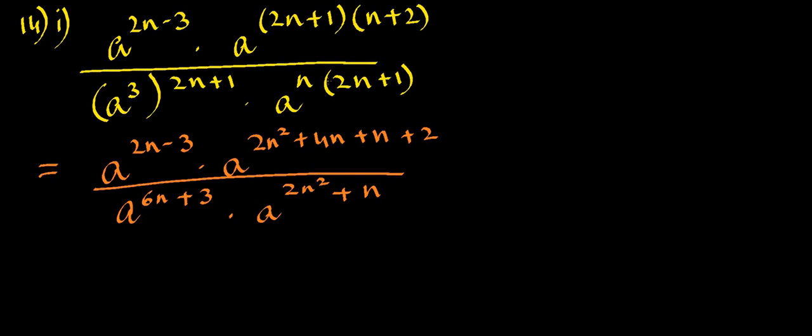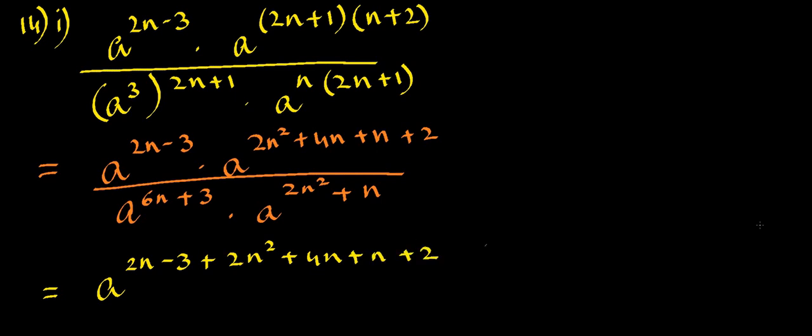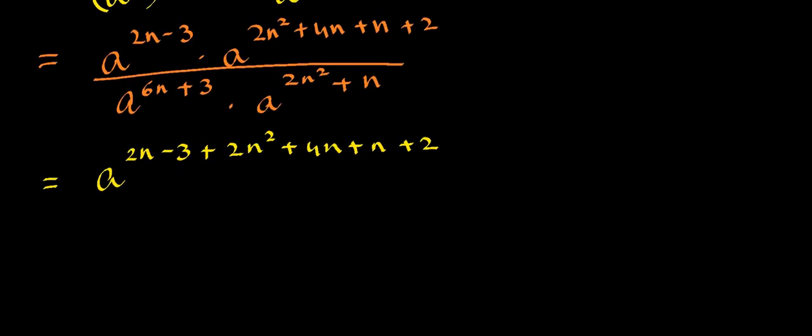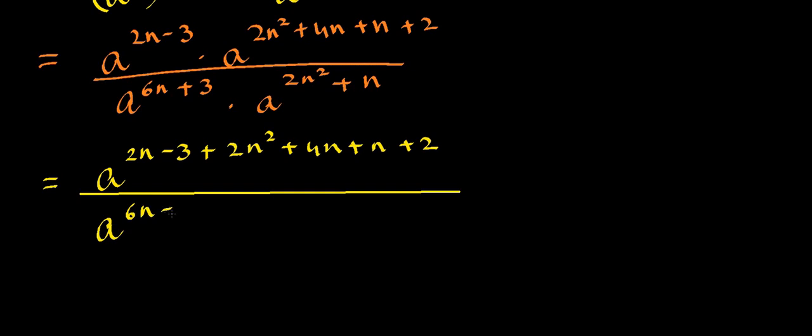Now let's move ahead. That is equal to common bases, so let's do the addition of the powers. A raised to 2n minus 3 plus 2n square plus 4n plus n plus 2, upon a raised to 6n plus 3 plus 2n square plus n.